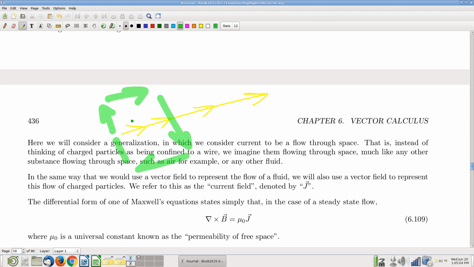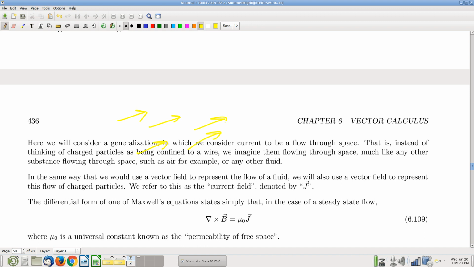It turns out to be easier to write this down if you consider a more general scenario. So instead of having a current that's confined into a wire, common though that scenario is, let's suppose we actually have a flow of charged particles in space, like a fluid, ionized gas or something like that, flowing along. Well, this fluid flow is represented by J. We call it the current field.